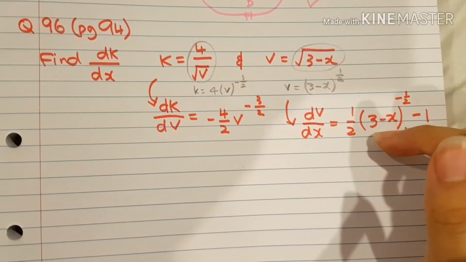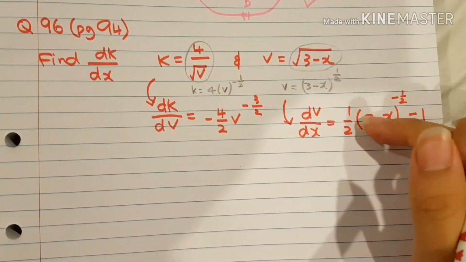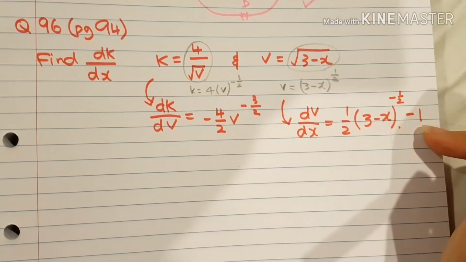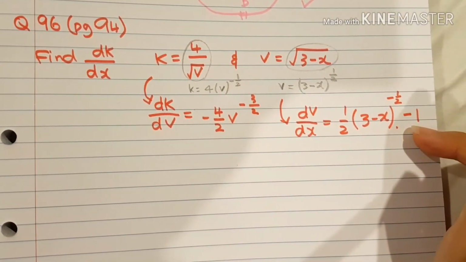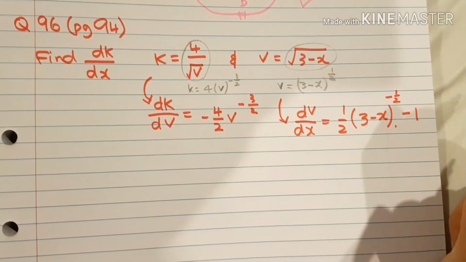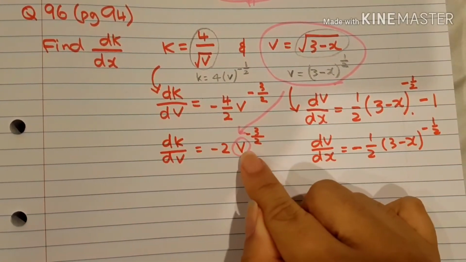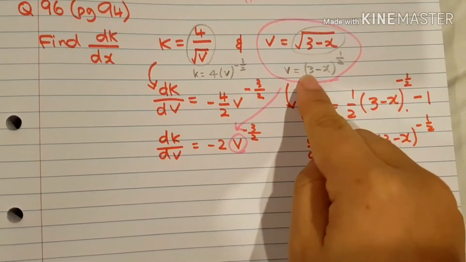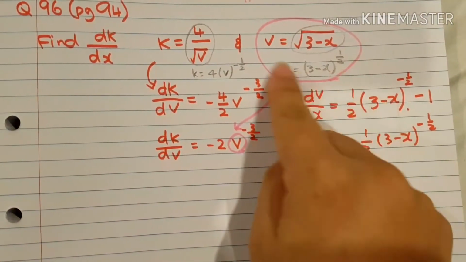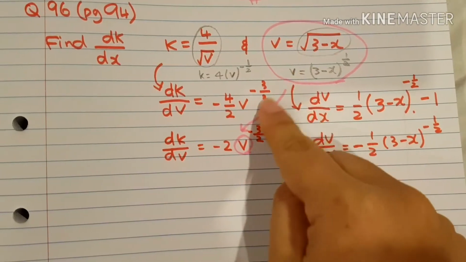And remember, you need to differentiate this one, pull it out, multiply it. So it's going to be minus 1 multiplied. Okay, so I can simplify it. Yeah, and v over here, I can replace with the v that was in the question. So I replace v.